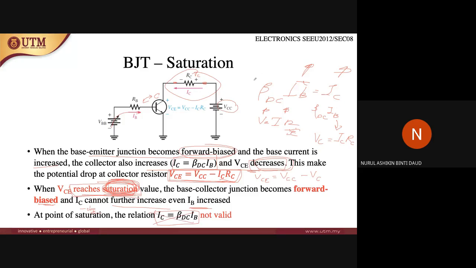To use this formula there is a rule: make sure that the value of VCE has not reached saturation yet. How do you know the saturation value of VCE? Usually it will be given. It will be mentioned to you, so that you will know the saturation value.